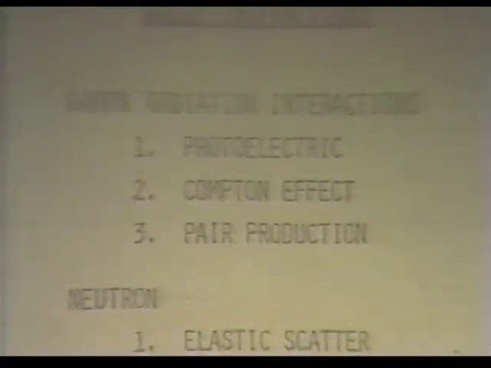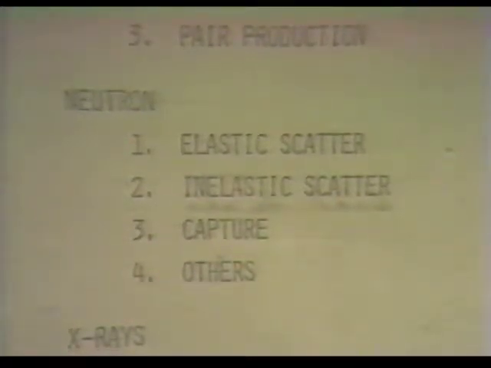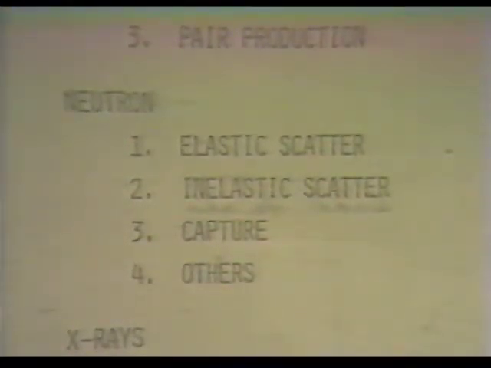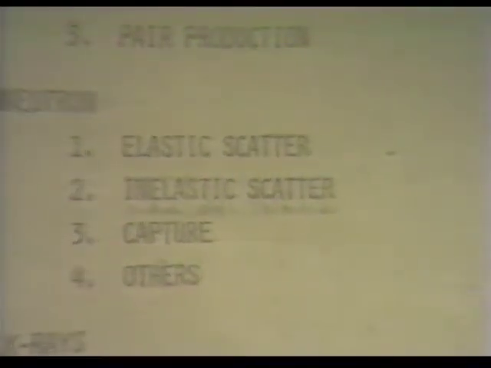Now, neutrons, like I said, are a particle. And what they do to you, you're interested mostly in its interaction with silicon. Let me give you an analogy. All of you have shot pool, right? Or you've been in the pool room. I know you've been hanging around the pool room when you weren't supposed to. And you all watched them shoot the cue ball into those other balls. Well, a neutron going into a silicon lattice behaves sort of like that.